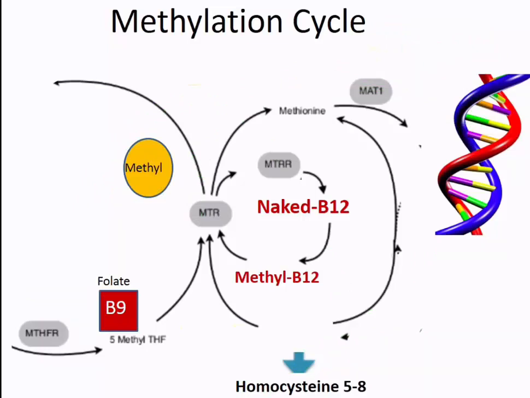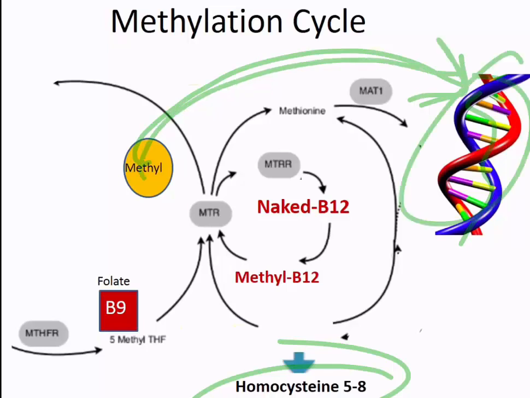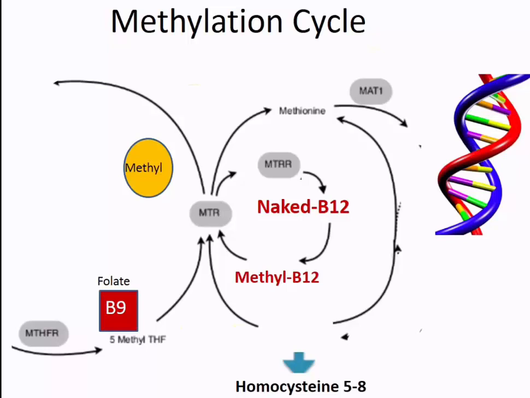If you have high homocysteine, I guarantee you that this little methyl group is not getting onto your DNA. And this is really, really critical for healthy DNA, that this methyl group gets on here. What these little genes do is they pass this little methyl group to the DNA strand itself.